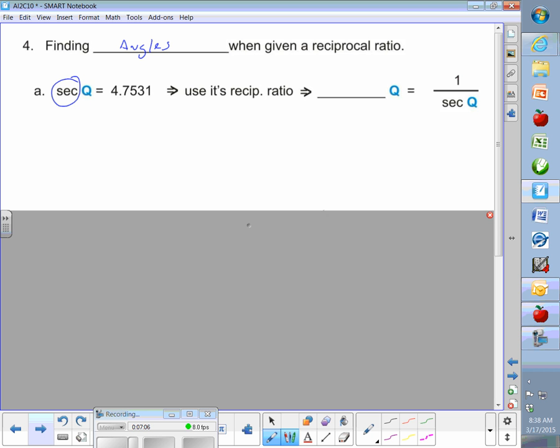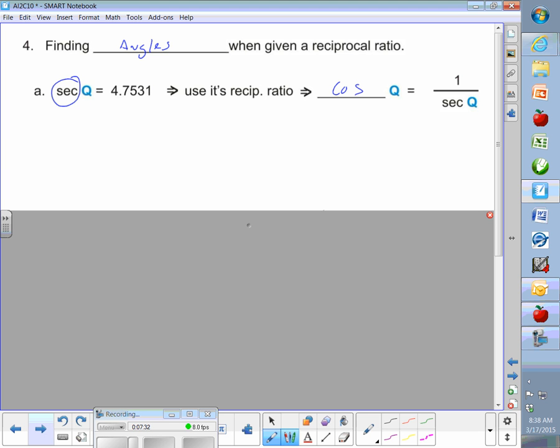So you're thinking, what is the reciprocal ratio for the secant? Hopefully you say cosine. But again, you have to know that. If you don't know that, then you're not going to get the problem correct. So again, you got to memorize the reciprocal of the sine is the cosecant, the reciprocal of the cosine is the secant, and the reciprocal of the tangent is the cotangent.